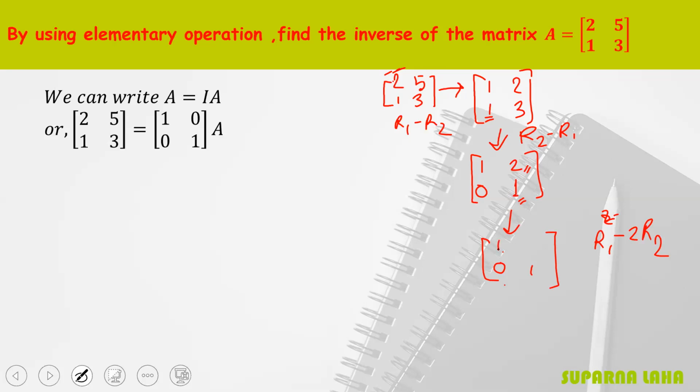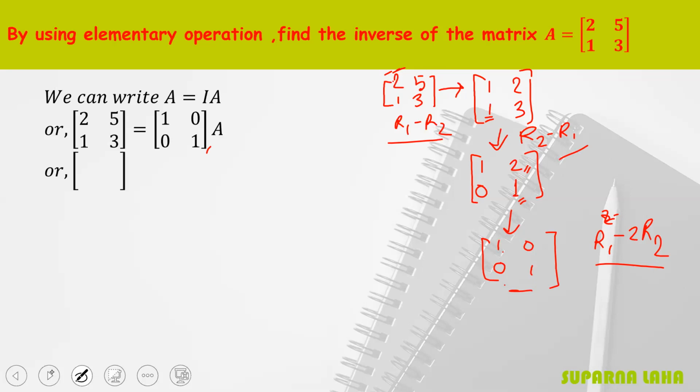R1 minus 2 into 0, that is only 0. 2 minus 2 will be 0. That means 1, 0, 0, 1. So first we have to apply this operation, second this operation, and third this operation. So we have to apply these 3 operations on this identity matrix.